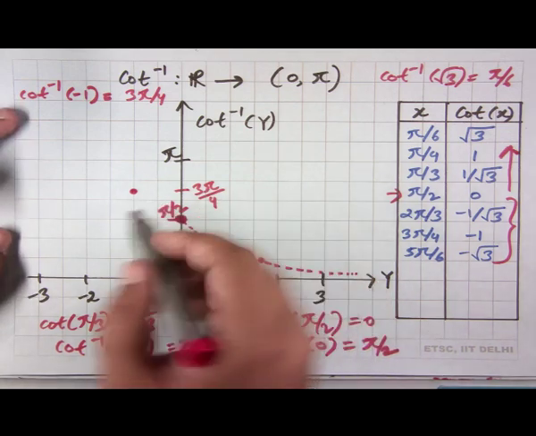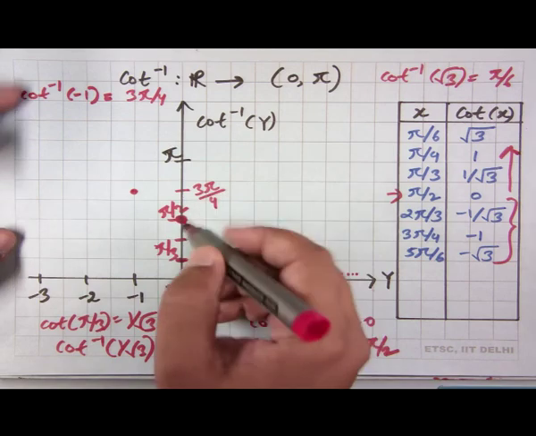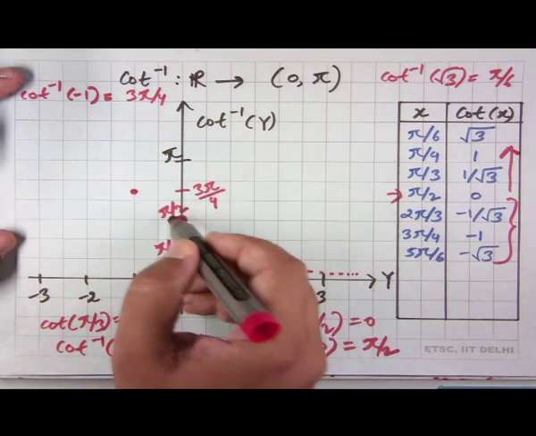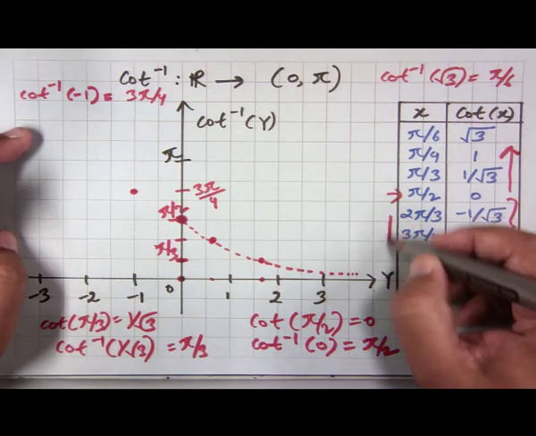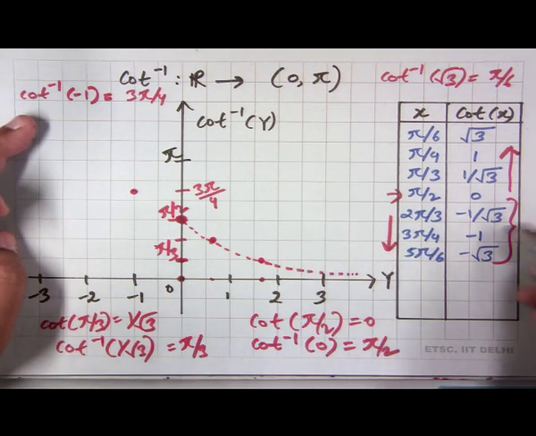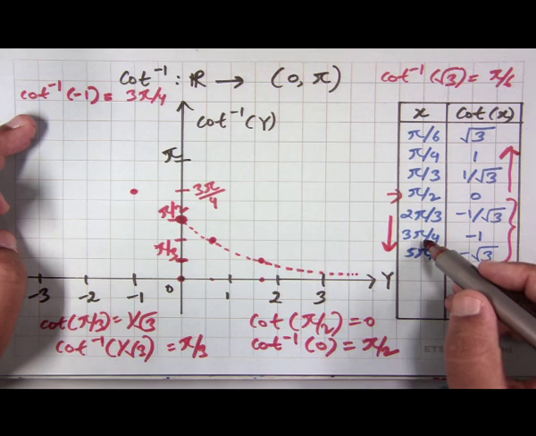And then for further even more negative values, what we will see is that the value of the cot inverse function will go towards pi. So, now we are going in this direction. So, this is the value of y in this column. As y becomes more and more negative, from -1 to minus square root of 3, the value of x is going towards pi.